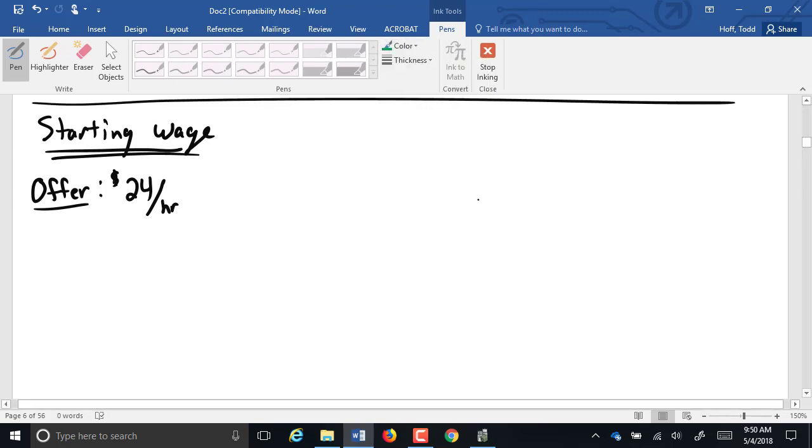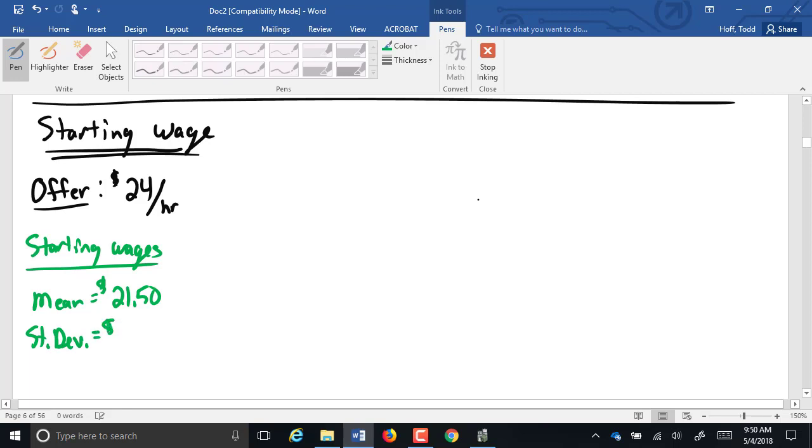You do your research, and in that area, you find that for starting wages of all jobs in that area that are in the same class as what you're looking at, the mean is $21.50, and the standard deviation is $2.50.